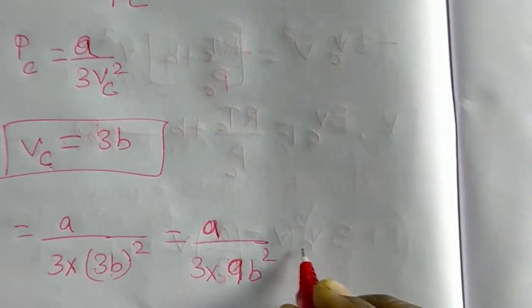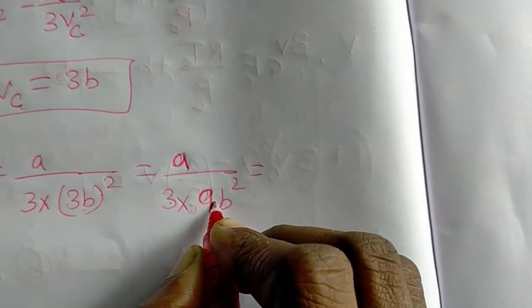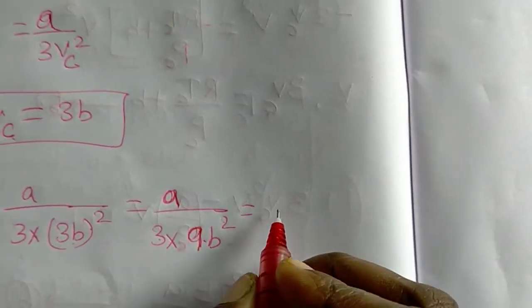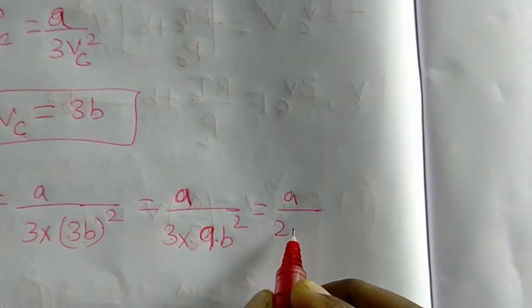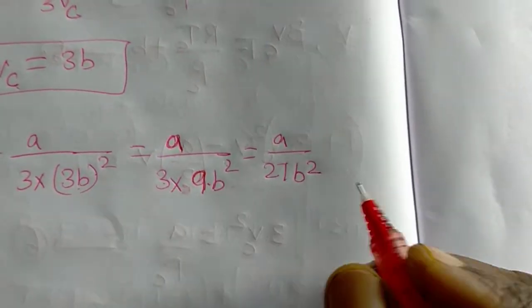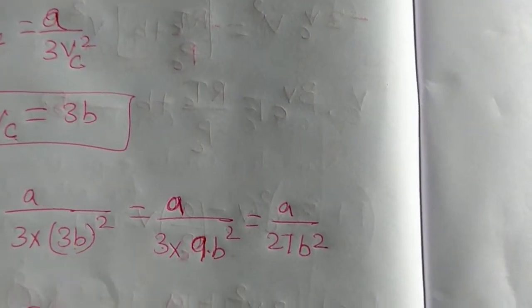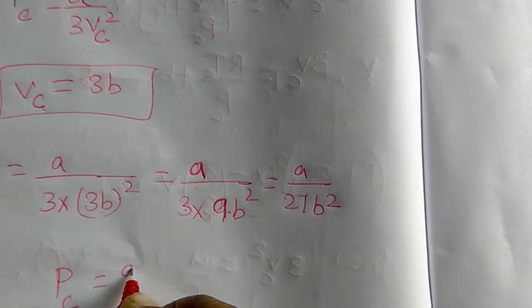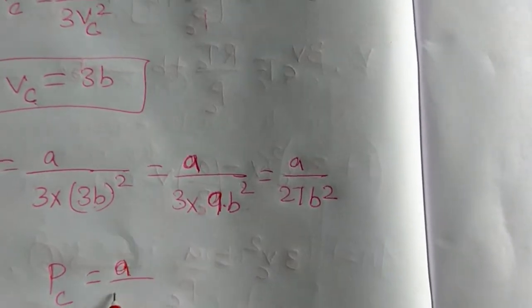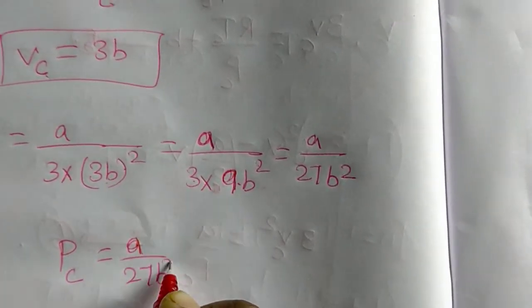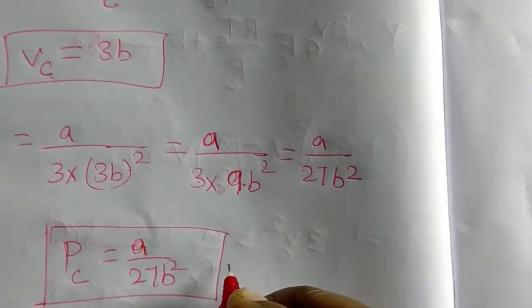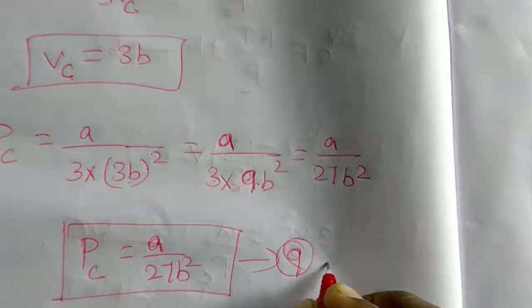Then again 3 into 9 is 27. So A divided by 27B square. So what is the value of PC? PC is equal to A divided by 27B square. Name this equation number 9.